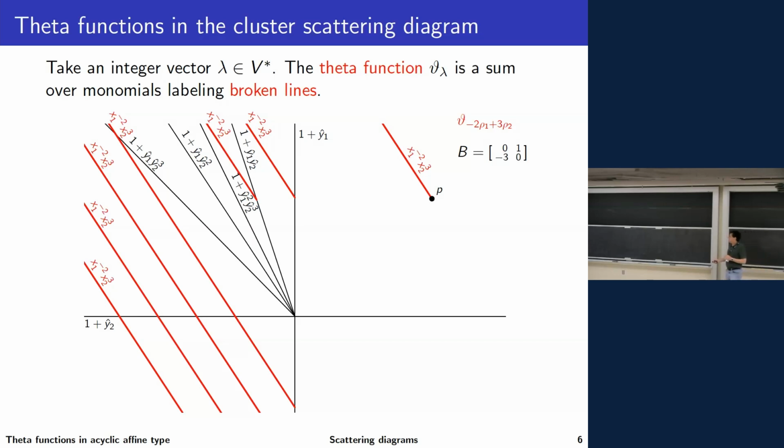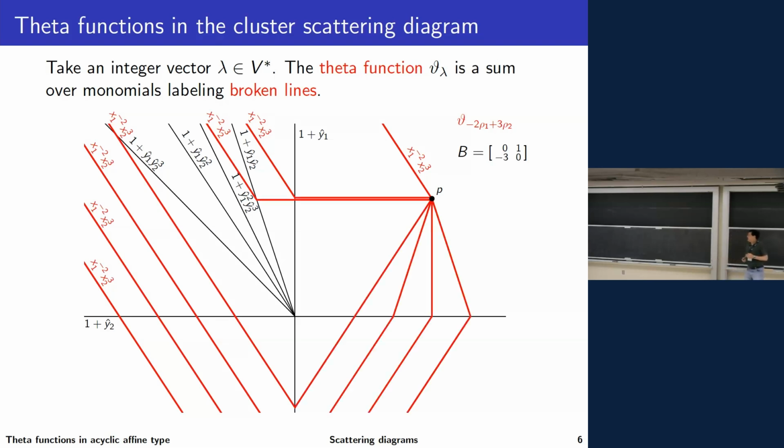I'm going to decorate those lines with this monomial that comes from the vector. I'm going to figure out all the ways that they can bend according to the rules and end up at that point P that I chose. And as they bend, the monomials change. So in the end, there is a list of broken lines with their last monomial, the monomial they had when they came into P. I add up all those monomials, and that's my theta function. So it's zero details, but that's the kind of beast that this is.